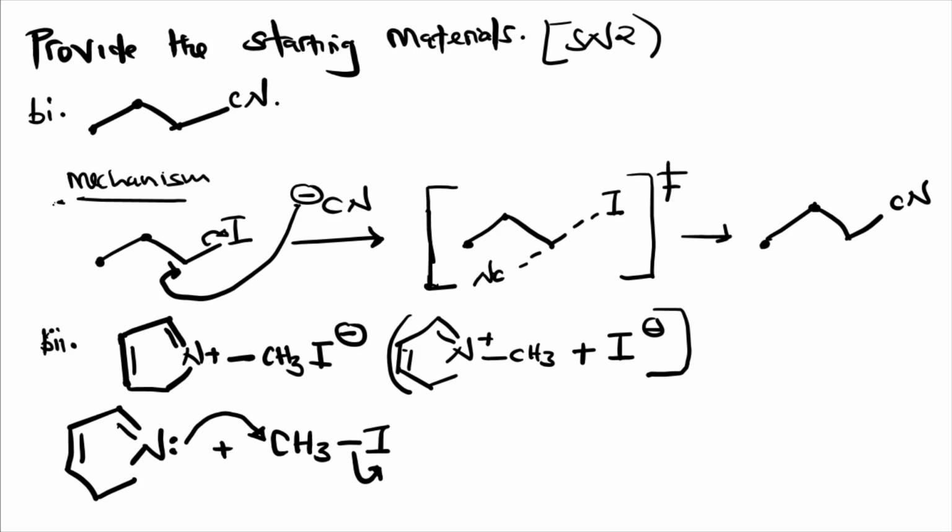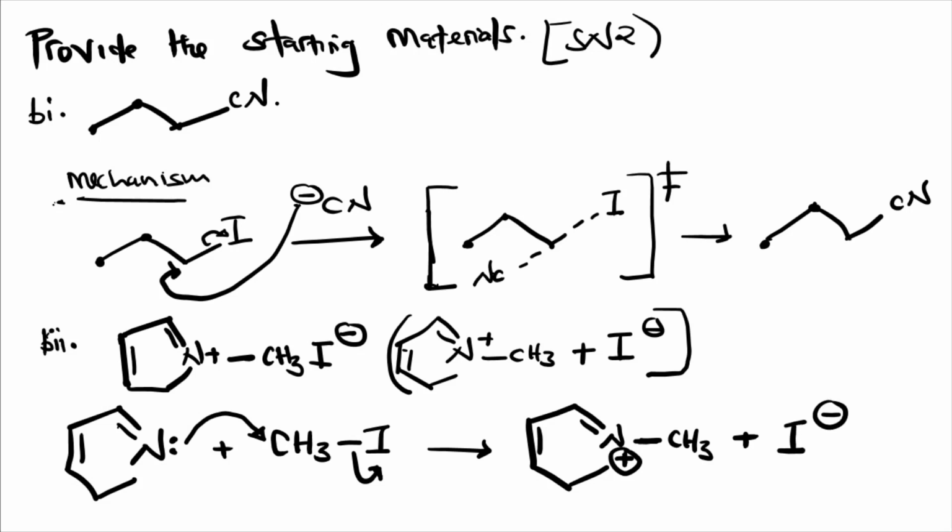The iodide left, and then we ended up with this, because the nitrogen here is bonded to 4 things, it has got 4 bonds there. The nitrogen is positively charged, and the iodine here that left with the electrons is negatively charged. All right, so these were the starting materials in order to make this in solution, which is this here.